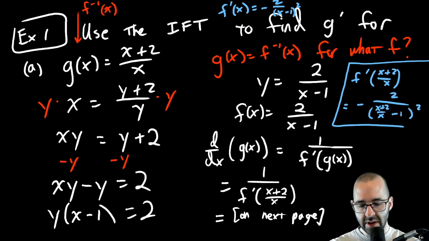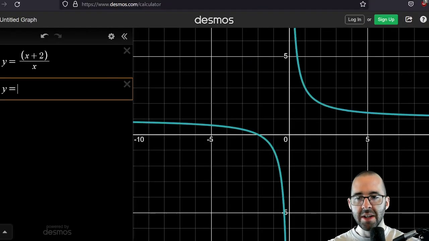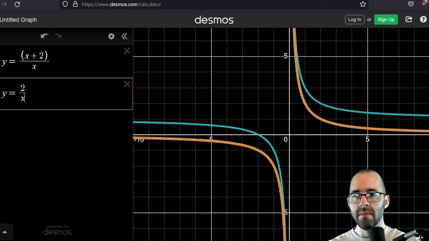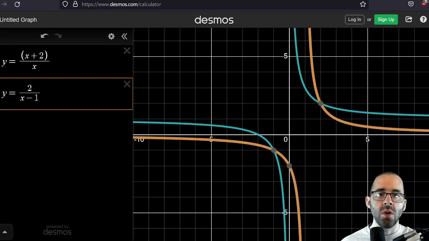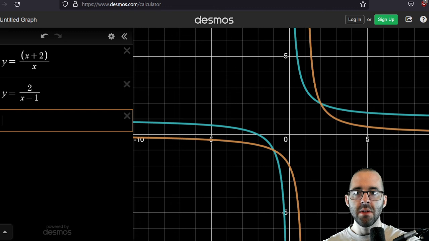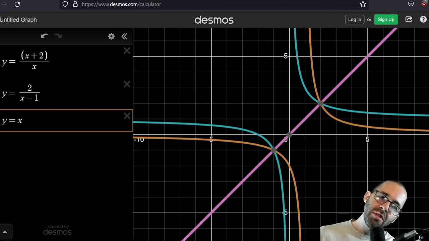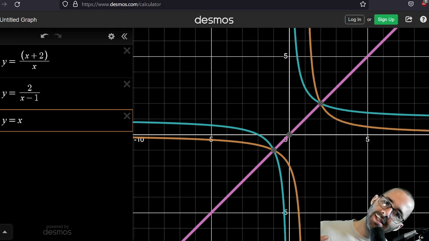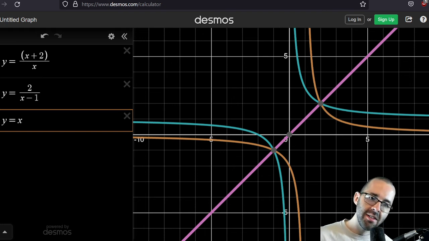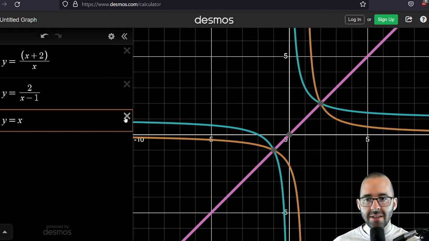We said the inverse function was 2 divided by (x minus 1). So the orange graph is the inverse function of the blue graph. If you reflect one graph over this pink line, it becomes the other graph. That's a visual interpretation of this. Okay?